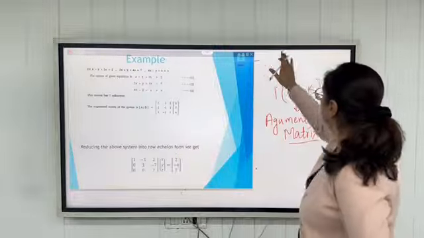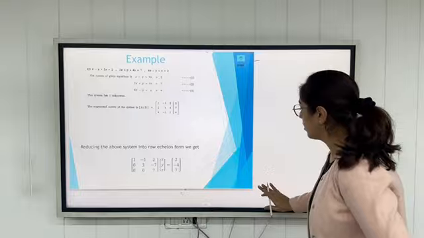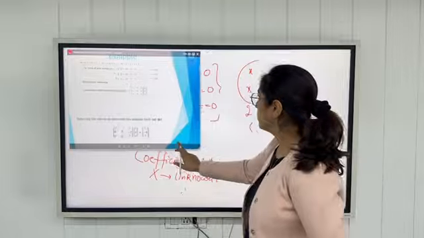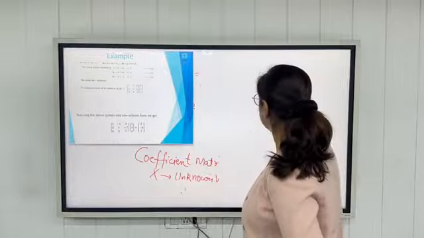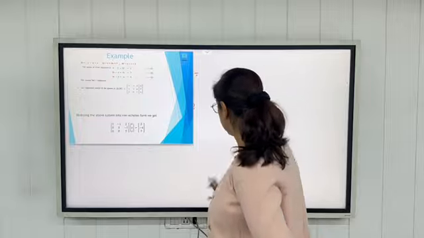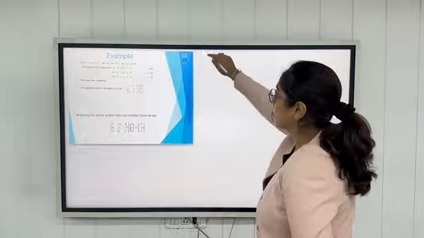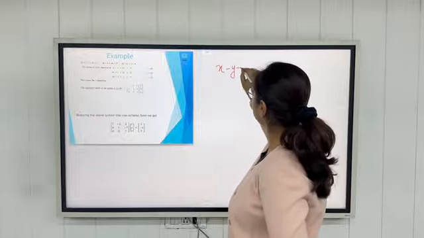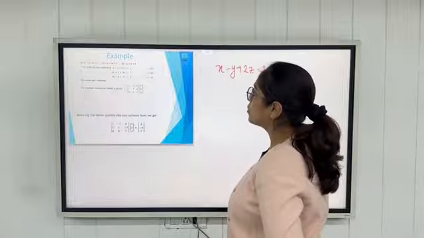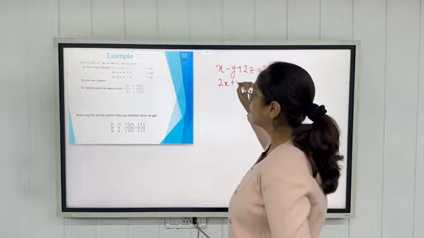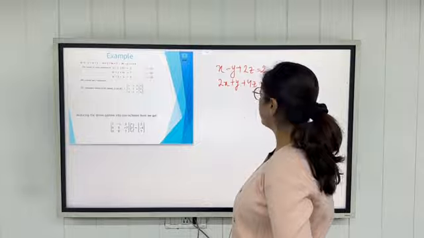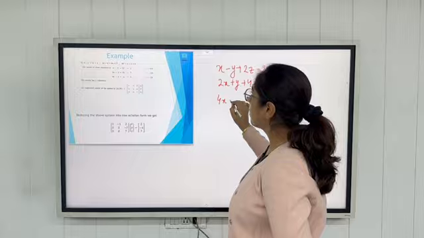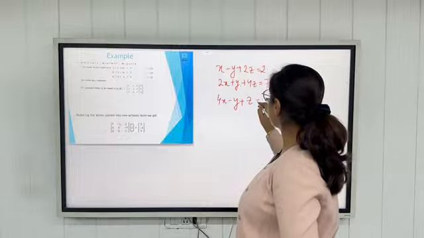So this is an example. See how to solve this now. We are given x minus y plus 2z is equal to 2, 2x plus y plus 4z is equal to 7, 4x minus y plus z is equal to 4.